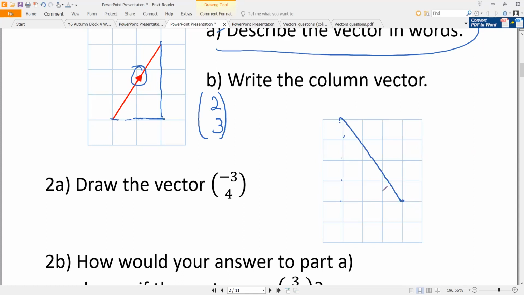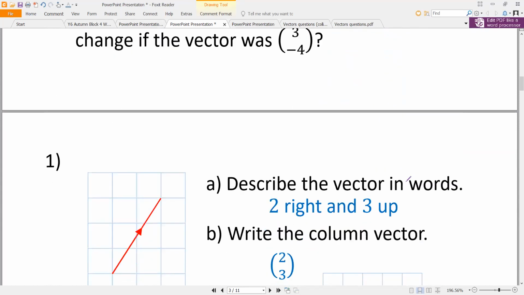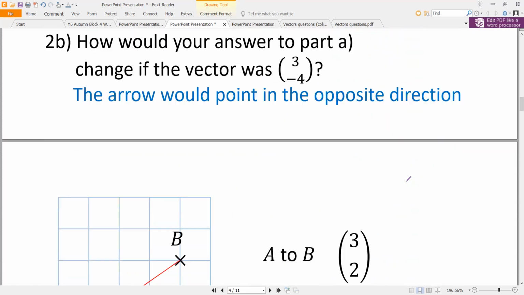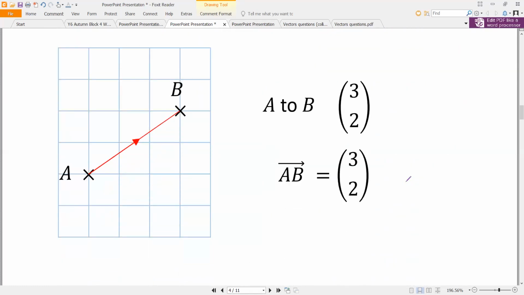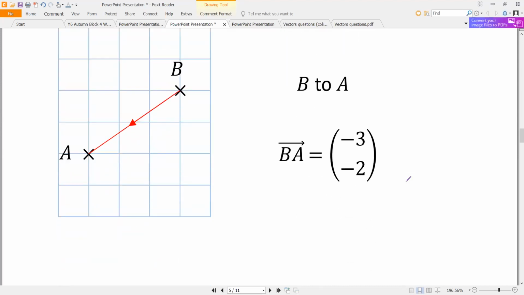So 3 to the left, 4 up. This is the vector. So, as you can see, it's pretty much simpler to represent vectors using the column vectors.